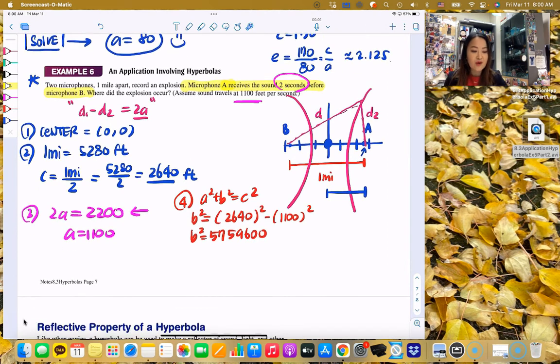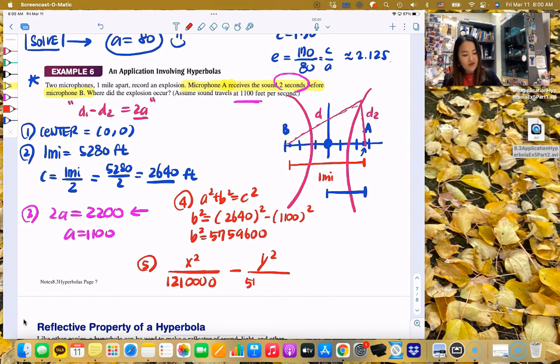So why are we doing all this? Because remember, this microphone sound is traveling along the hyperbolic path. It hits anywhere here, and it hits back here too. So let's put that together. It's going to be x squared over 1,210,000, because that's our A squared, minus y squared over 5,759,600, which is equal to 1.